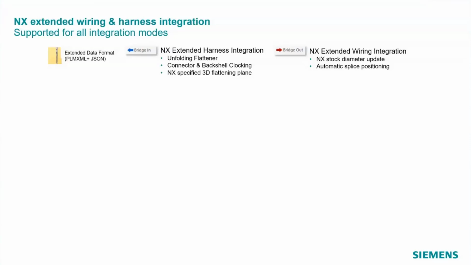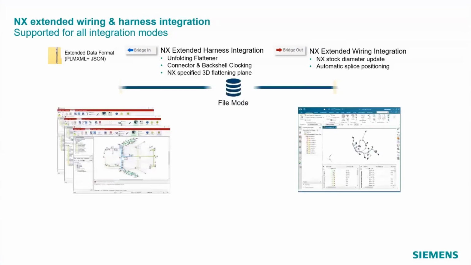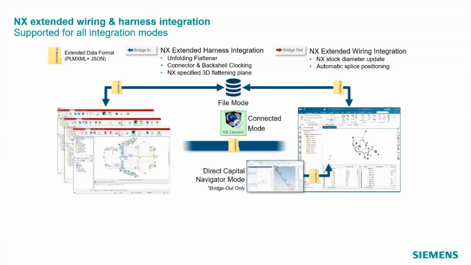By adding the JSON file to the data exchange process, we are able to integrate new capabilities like unfolding flattener, connector and backshell clocking, and NX-specific 3D flattening plane. And during bridge out, this format enables NX stock diameter updates and automatic splice positioning. So there are multiple ways to accomplish the integration depending on organizational requirements.